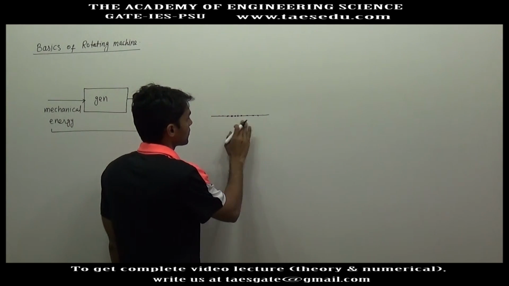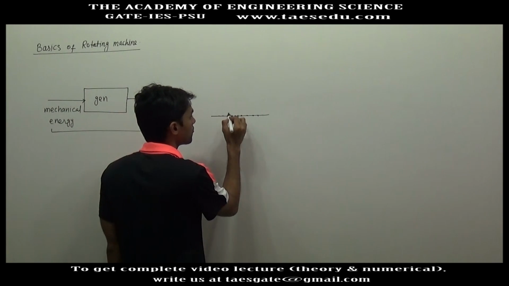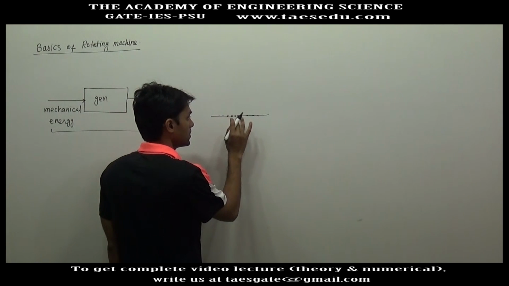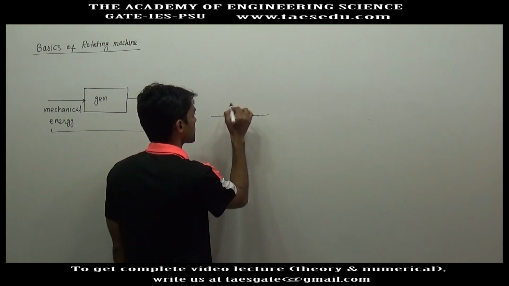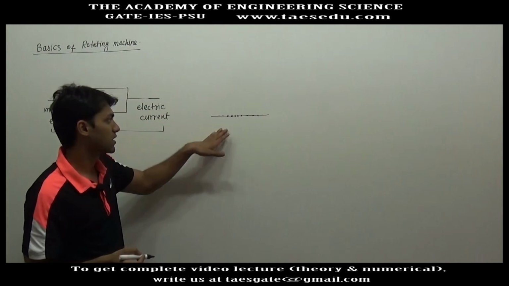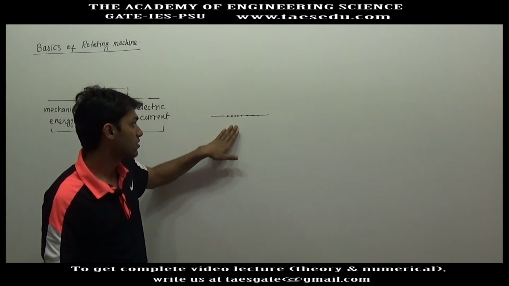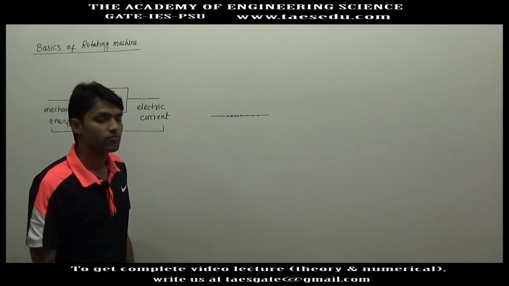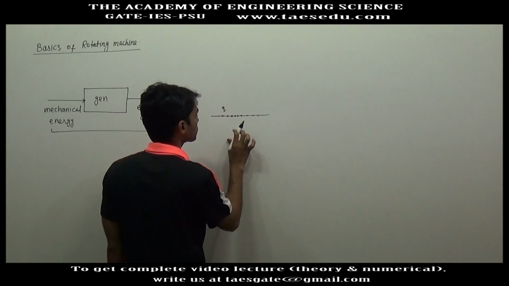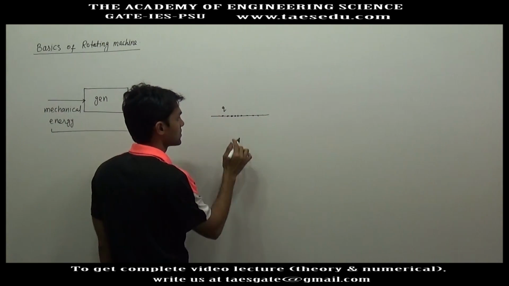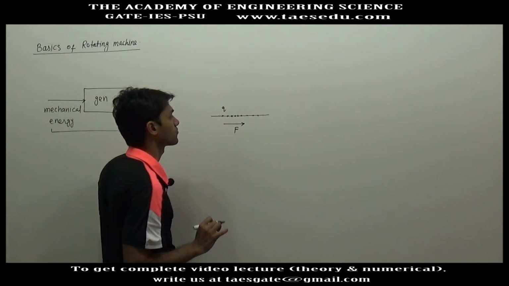Now if you want to generate current in this conductor, you will have to apply a force on the charges. Let's say these are positive charges, although in a conductor the charges are in the form of free electrons, which are negative charges, but for simplicity, let's say these are positive charges. So to produce current in this conductor, you will have to apply a force on this charge.